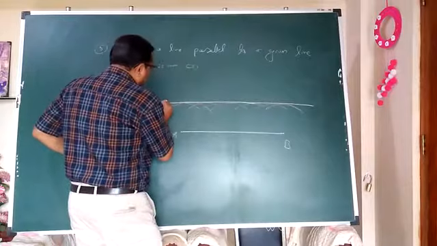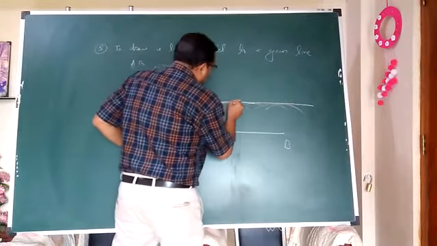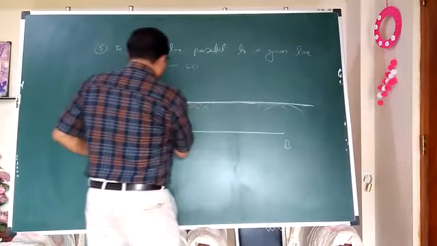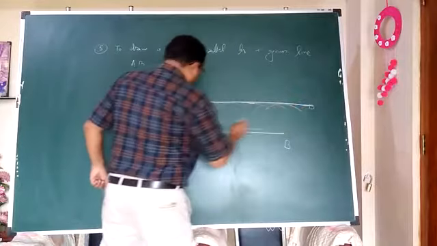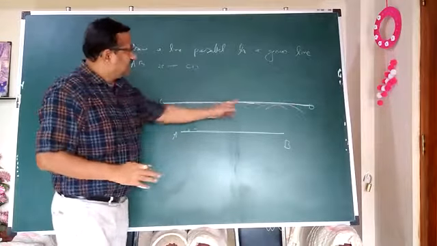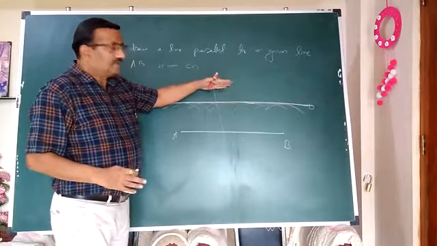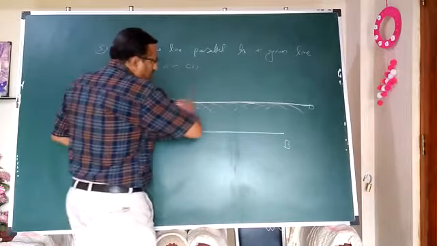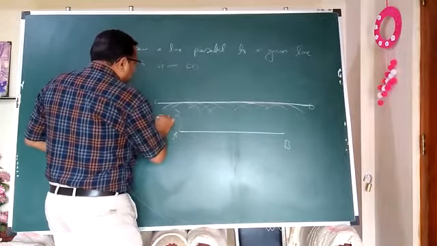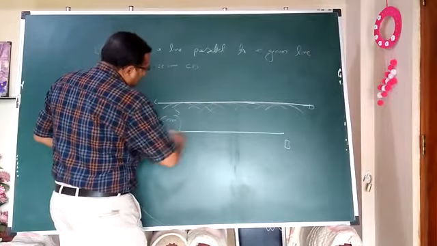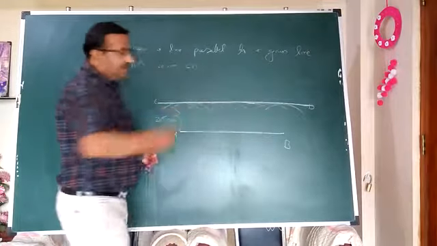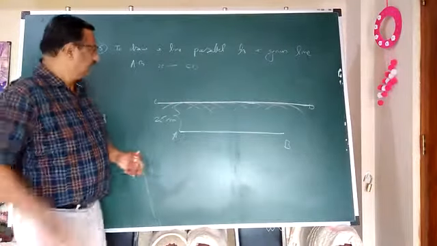So this is a straight line, which is nothing but line CD, drawn at a distance of 25 mm. This line I have constructed with the help of a scale. Okay, so naturally this CD will be at a distance of 25 mm from the given line AB, that is, parallel to this given line AB.